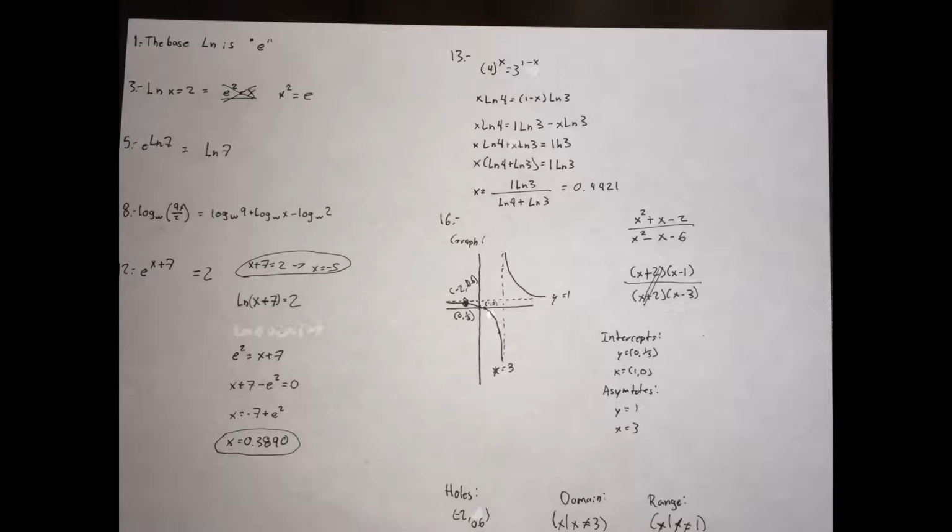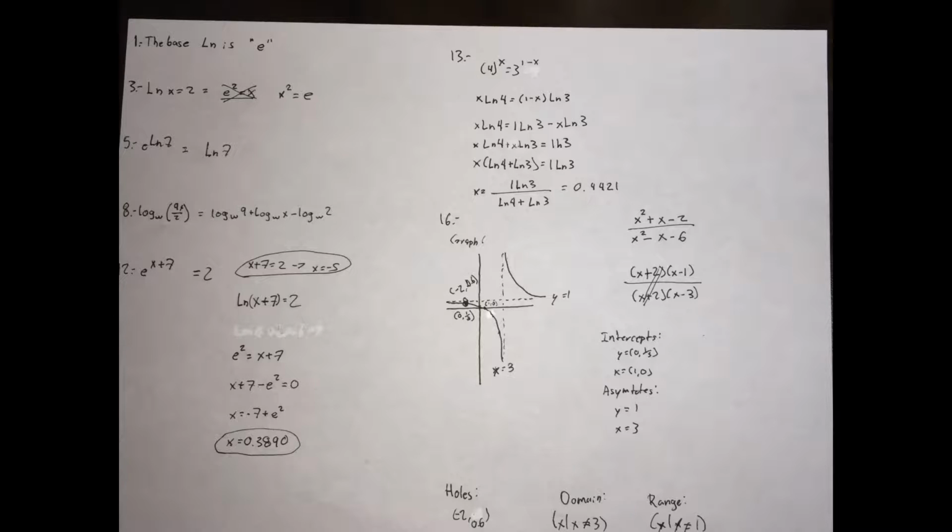Moving on to exercise 13, it says, solve the equation. Express irrational answers in exact form and as decimal rounded to 3 decimal places. The equation that they are giving us is 4 elevated to x is equal to 3 elevated to 1 minus x. What we need to do here is first convert all of them into natural logarithms, since they are in the exponent of the bases.